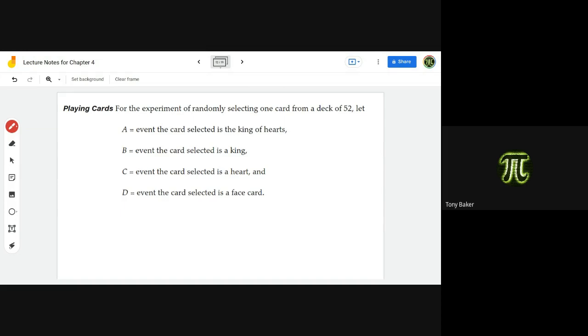So mutually exclusive means there's no interaction between the two. Give me an example of two things that you could pull out of a deck of cards that would be mutually exclusive. Event B could be pulling out a 7. Event C is pulling out a face card. That works. Correct.